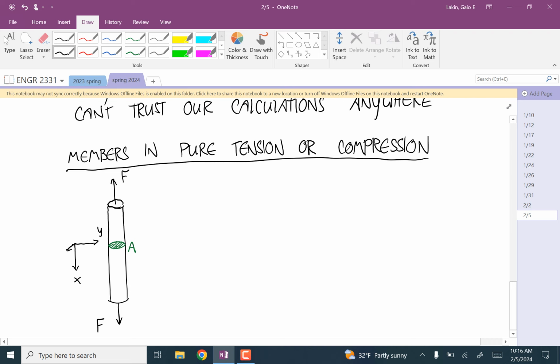So then the z-axis would be out towards us. The XX normal stress is F over A. And remember that that's ignoring what's happening at the endpoints.